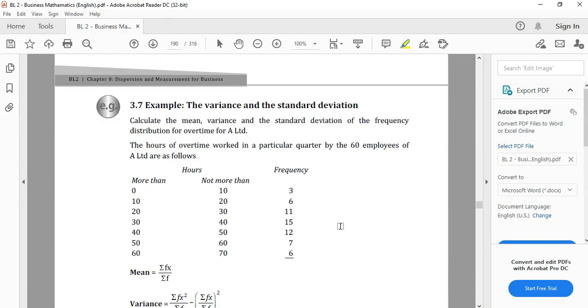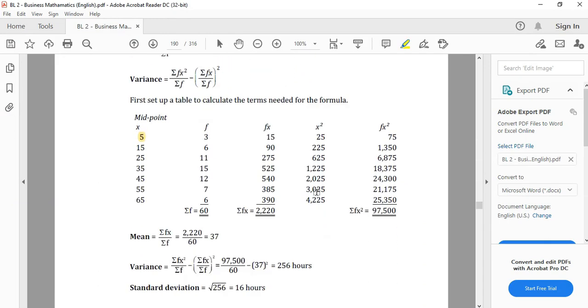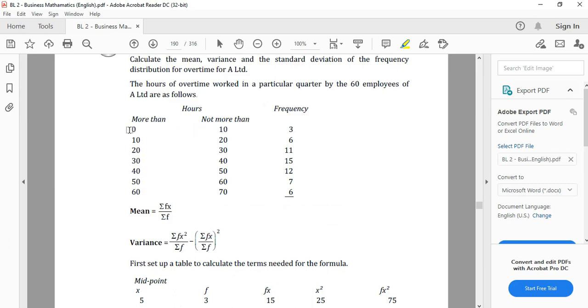Okay, so this is a question on mean, variance and standard deviation. This is probably how they will ask in the exam. However, please note that there is a small mistake here in calculating the midpoint, because this is continuous data and they have probably considered everything for each line, which is not right, because if 10 is included in this set, it cannot be considered in this set because it's just greater than 10 only.